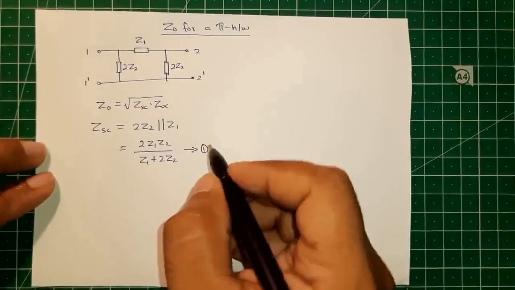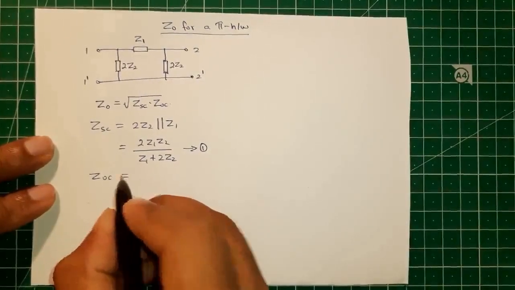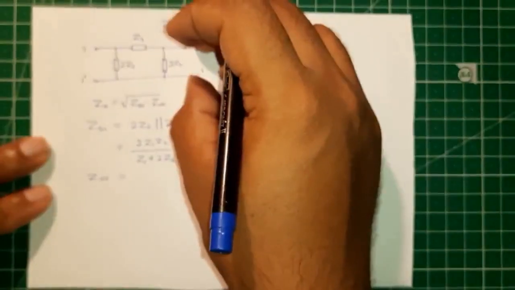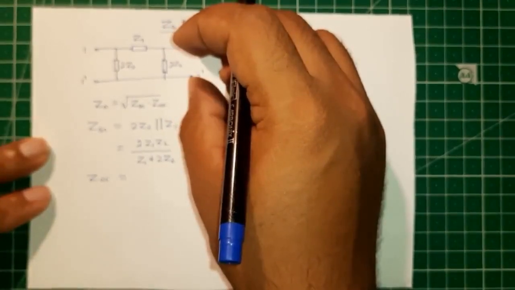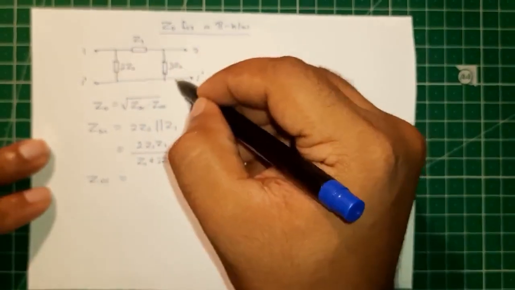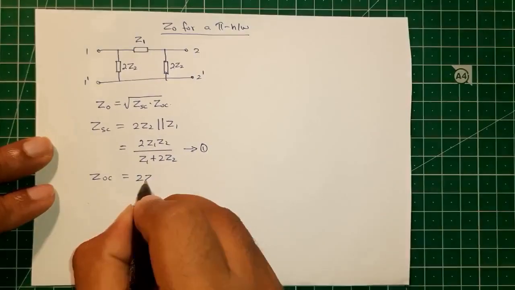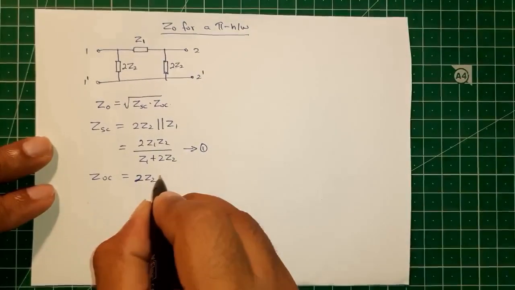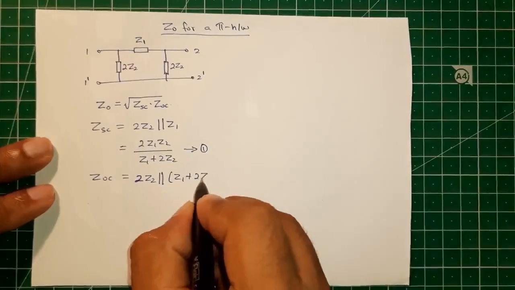We'll keep this and then evaluate the open circuit impedance. So we are opening this terminal. The open circuit impedance will be this impedance parallel with the series combination of these two impedances. So we have 2Z2 parallel with Z1 plus 2Z2.